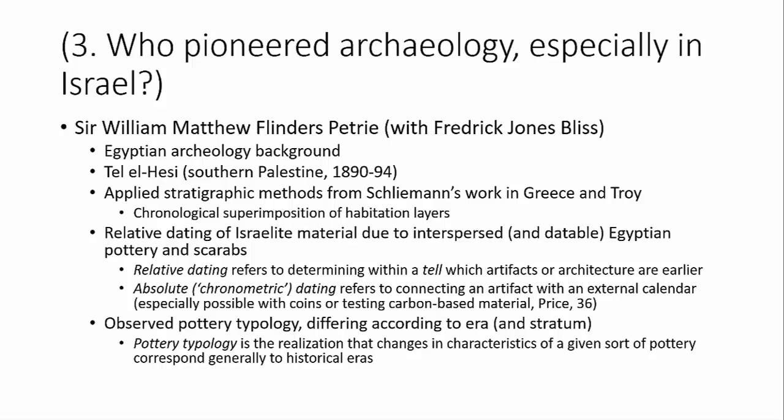We've already discussed the differences in the shapes and decoration of pottery and the skill of composition or formation of it. This attention is known as pottery typology. This is something that Flinders Petrie initiated and developed.